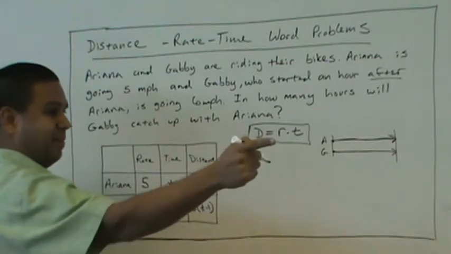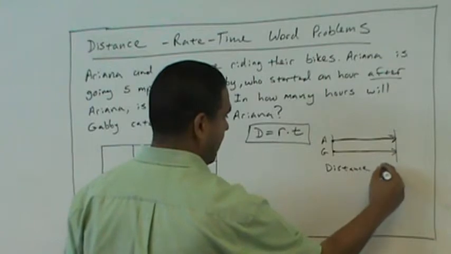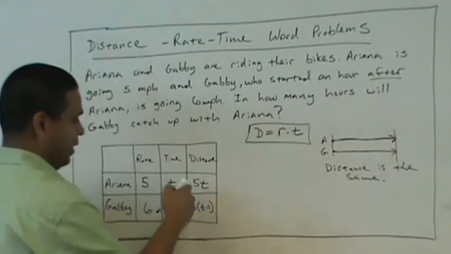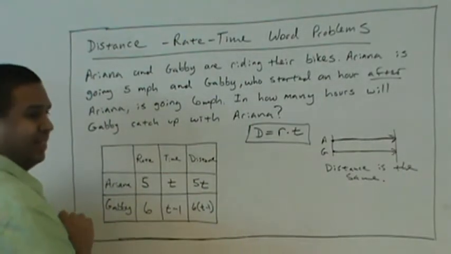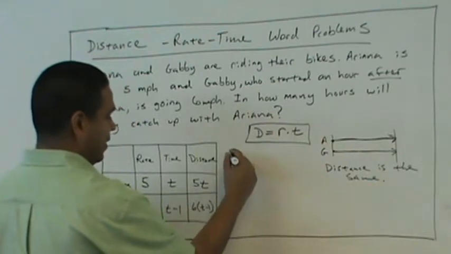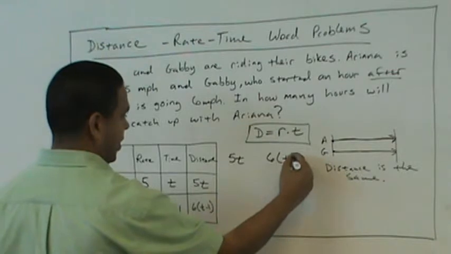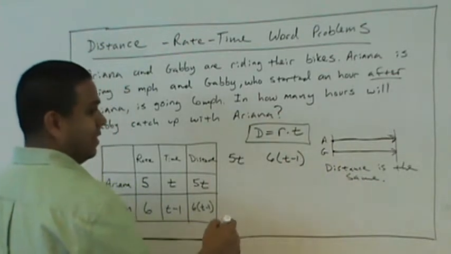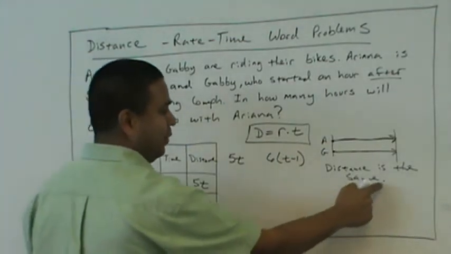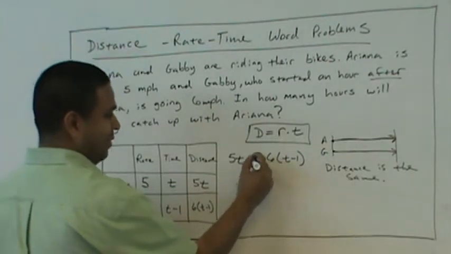So the distance was the same. So what are we going to do to those? If they're the same, we should set them equal. In algebra, what symbol do we use to say something is the same? Equal. Very good.